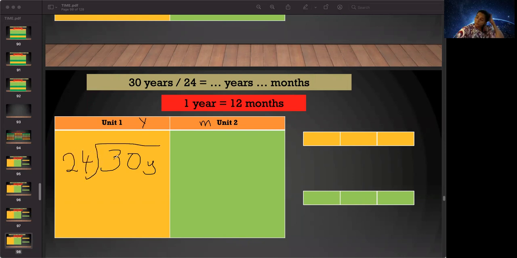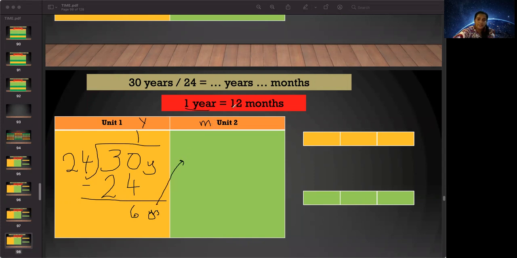Okay, so if you know your times table 24, that would make only one time that it enters 30. So 1 times 24, 24. 30 minus 24, here we'll have 6 years. Okay, 6 years now has to be exchanged to number of months.